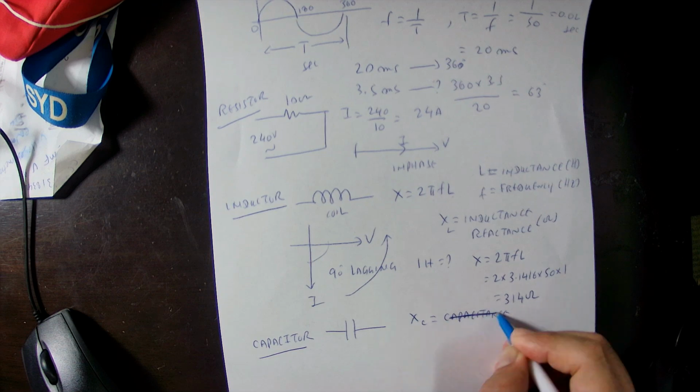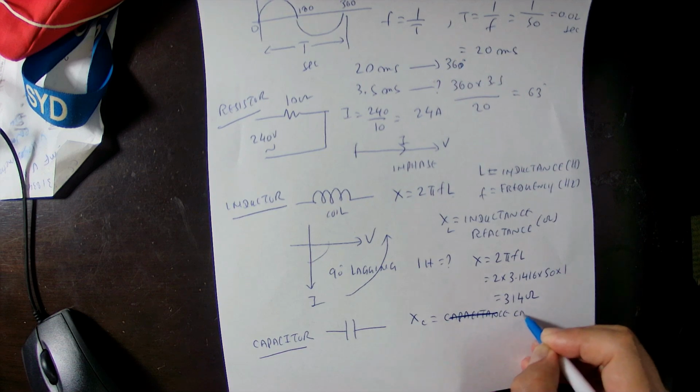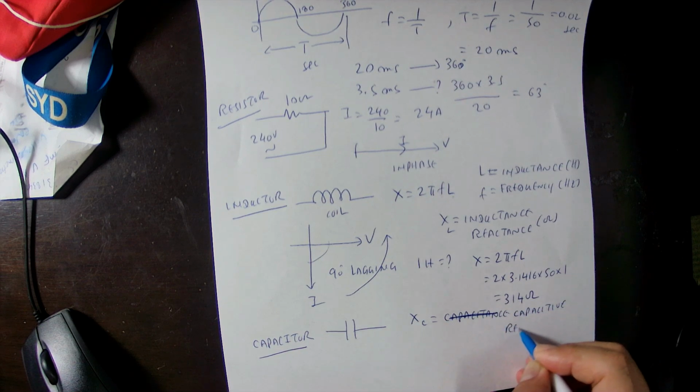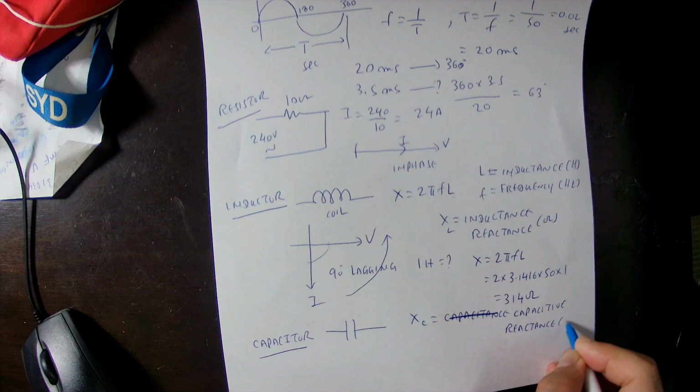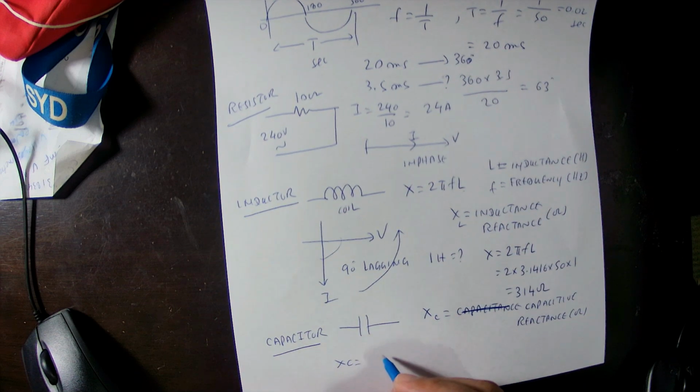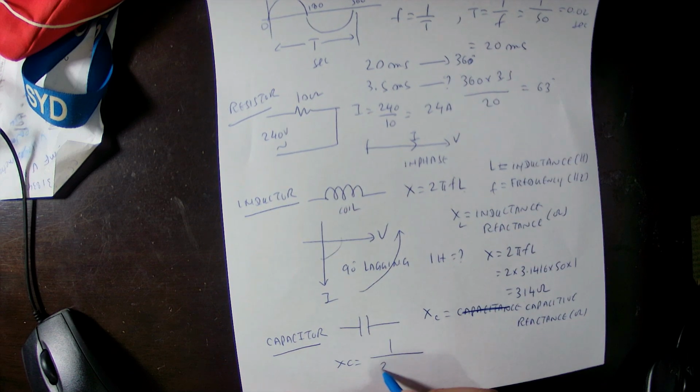The unit is ohm. The capacitive reactance XC can be calculated as 1 divided by 2 pi F C.